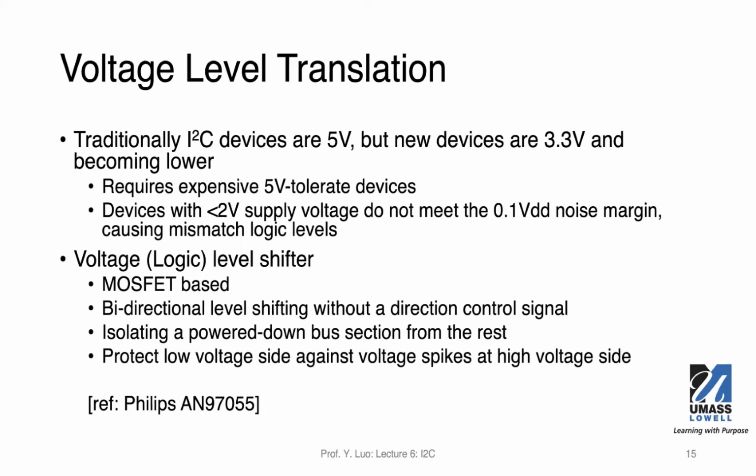One of them is to change to a different part and to have a 5-volt tolerant device if you want to really work together on both sides. Because if you put 5 volts on a 3.3 volt device whose maximum voltage level is not as high as 5, then you are damaging that device.